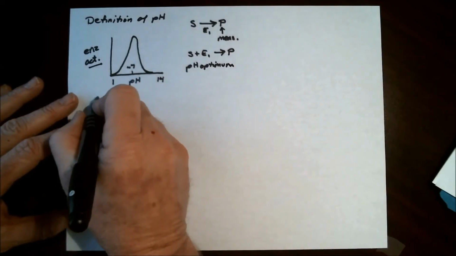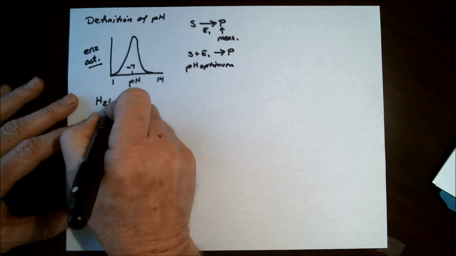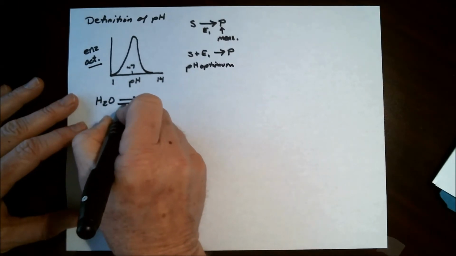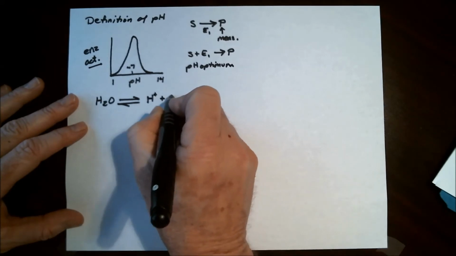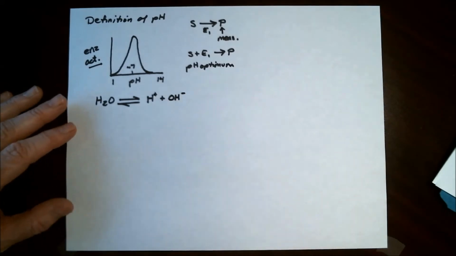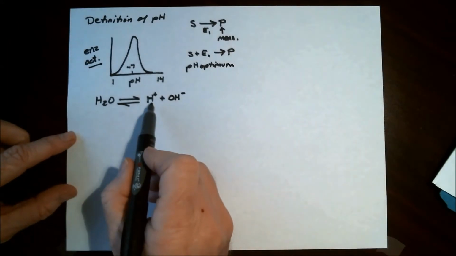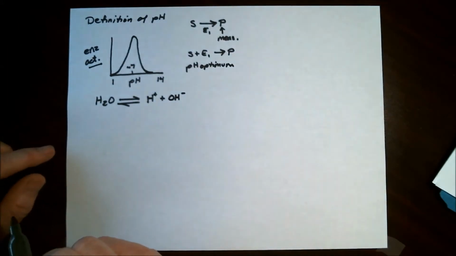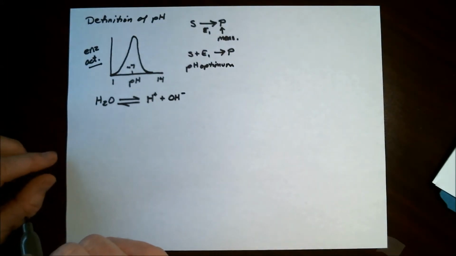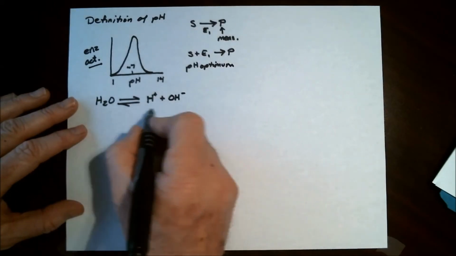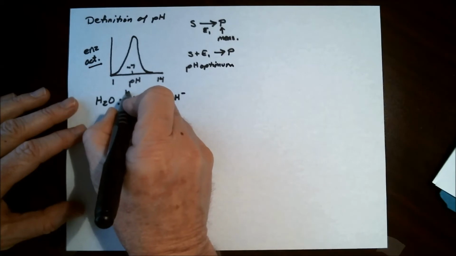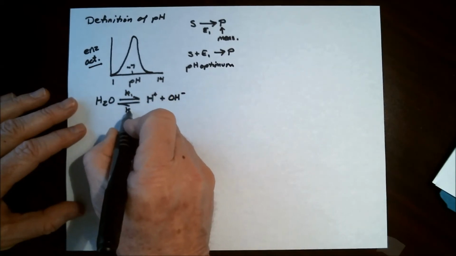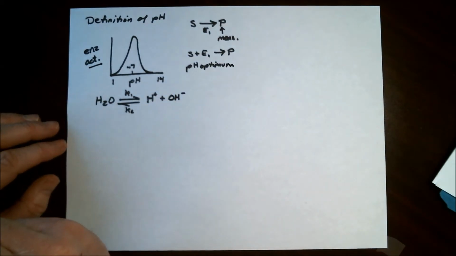So what is pH? How do we get pH? Well, pH is defined as the dissociation of water into a proton and a hydroxide ion. So this doesn't happen very often, of course. So the rate of this formation over the rate of this formation are not equal.